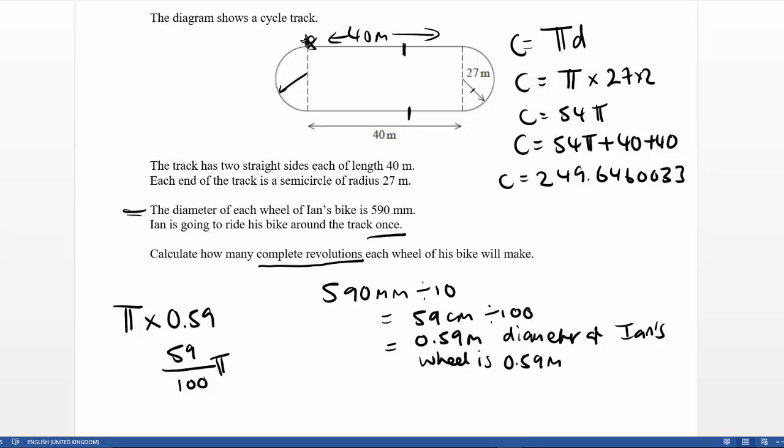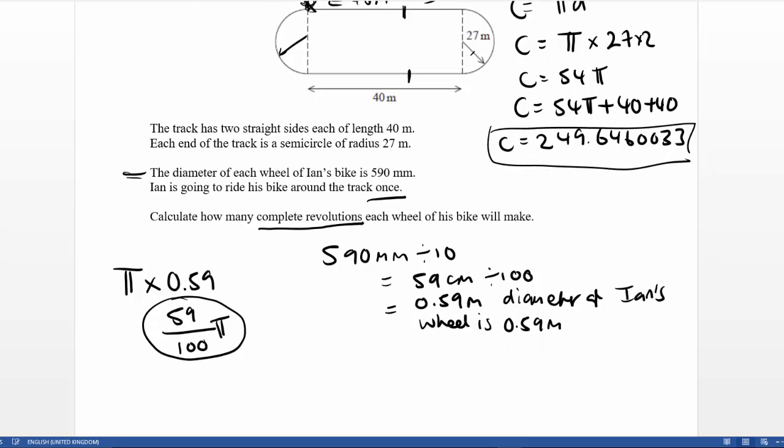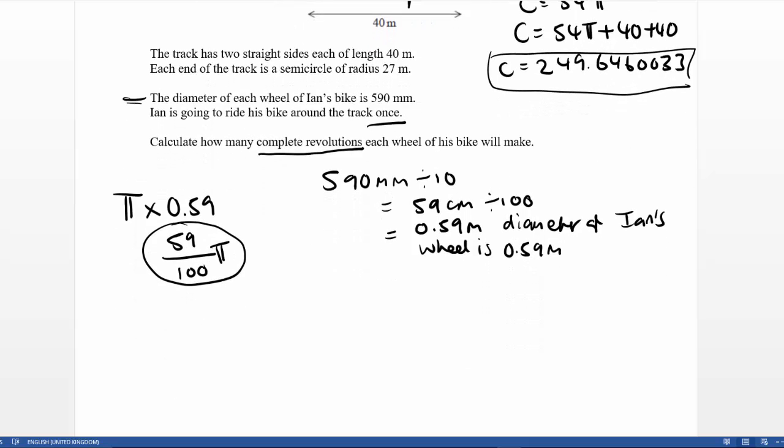We want to know how many times this can fit into this. How many revolutions are we going to do around the track with a circumference of 249.64 etc. meters? So in our calculator we're going to do the following. Get your fraction button together and do 54 pi plus 40 plus 40.